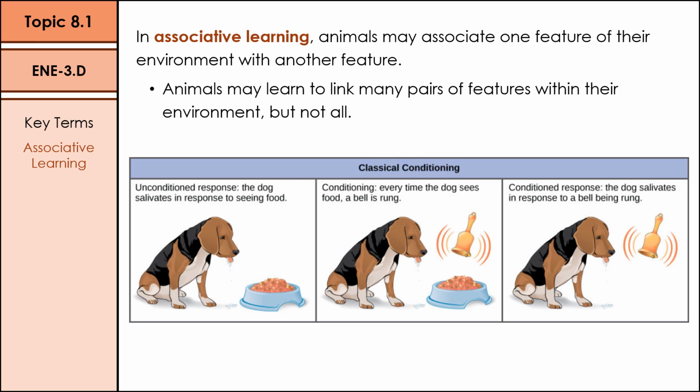Eventually, we can get to a point where even if we're just ringing the bell and there's no food present, the dog will salivate. We've associated these two stimuli together. And so even when the one that really should be creating this response is not present, but only the other one is, we will garner the same response at the end.